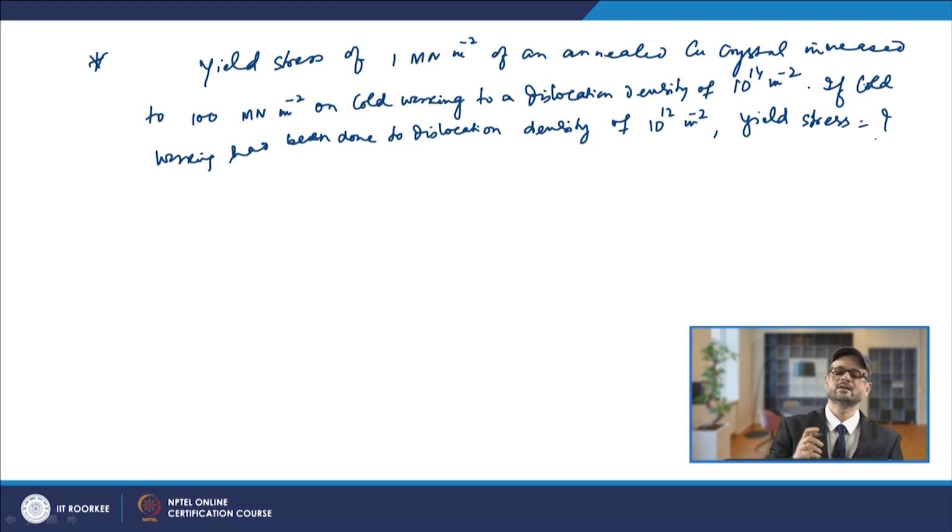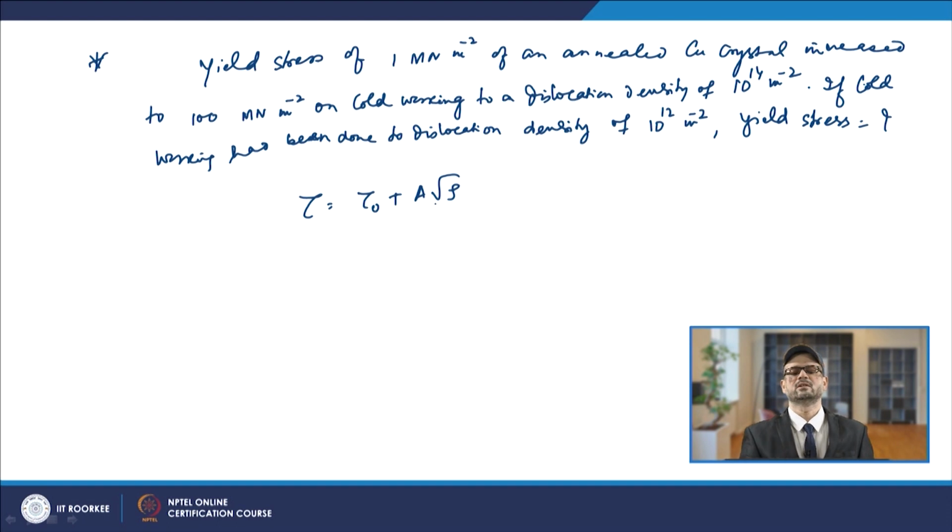So, you can just use the formula, tau equals tau naught plus A root rho. When we are talking about the annealed crystal, it is completely annealed without any dislocation, so tau naught is given as 1 mega Newton per meter square.